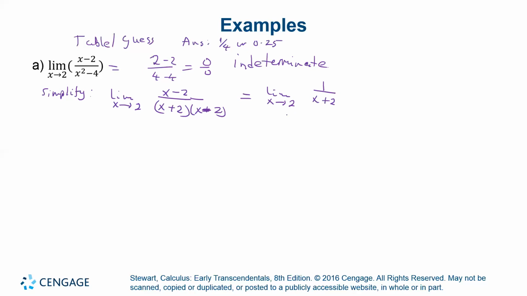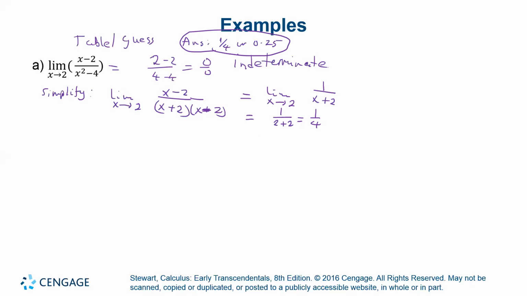Now you will see that 2 is not in the domain of the original function. But when you simplify it this way, we can substitute directly and have 1 over 2 plus 2, which is equal to 1/4. Exactly the same answer as we got before.